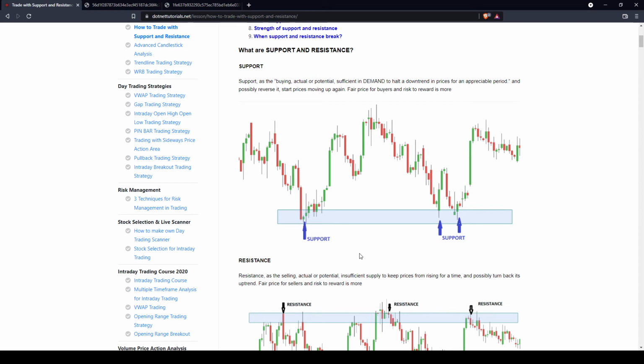Start pricing moving up again, fair price for buyers and risk reward is more. Honestly, that's not my kind of English, but yeah. What you can see is that support is usually not a precise price point, but a range, and that's important. Same for resistance. And that, as you can see, tends to create a price reversal.